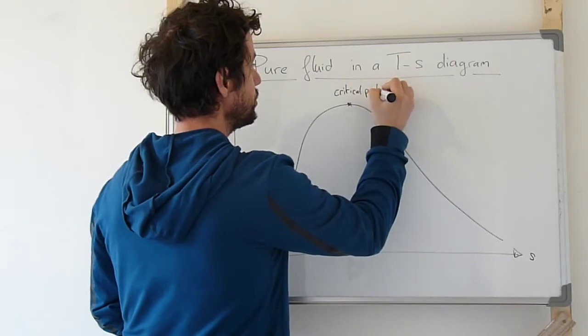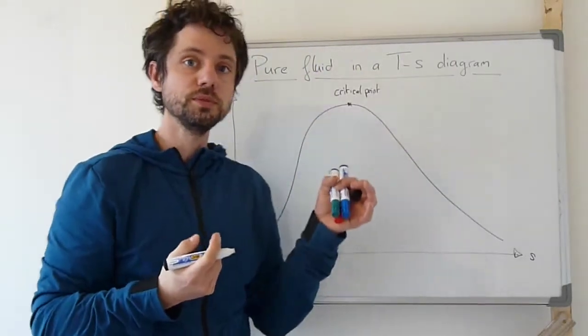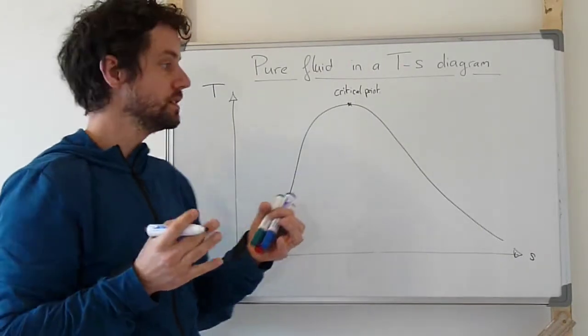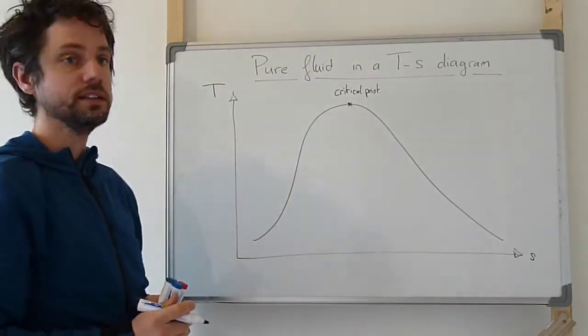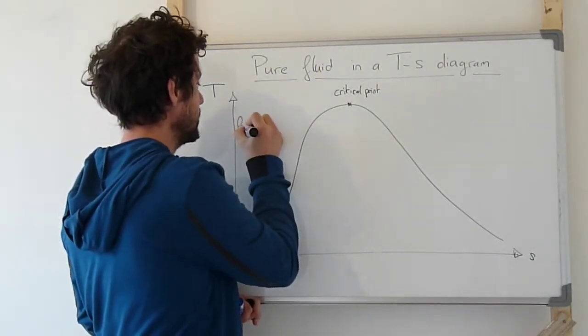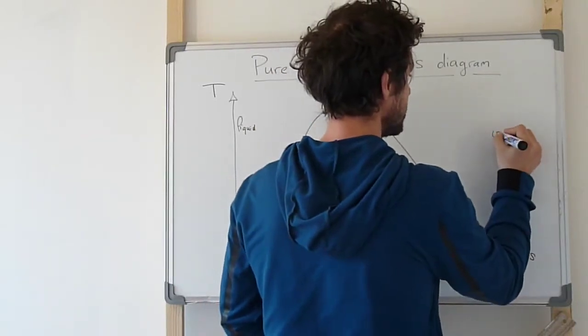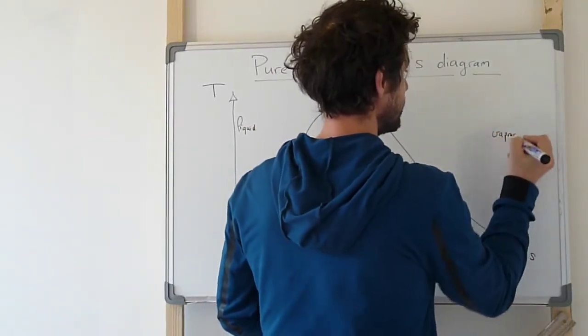The critical point is the point over which there's no difference between the vapor and the liquid, and so the saturation line is separating on the left hand side the liquid phase and on the right hand side the vapor phase.